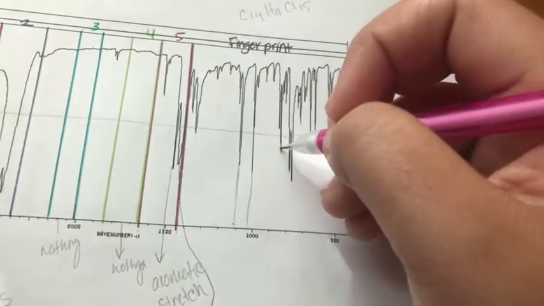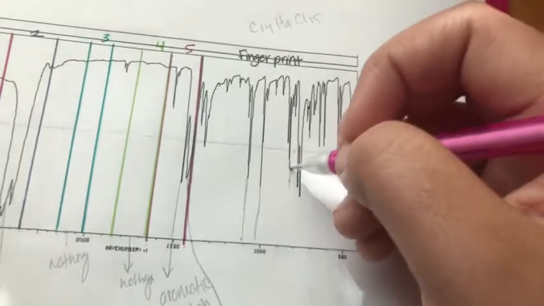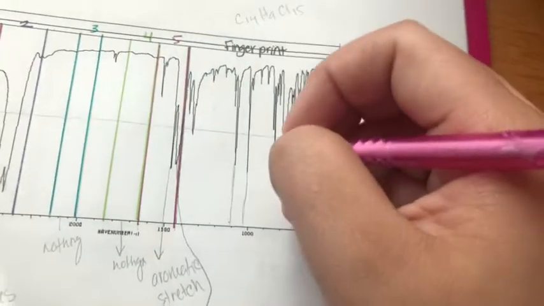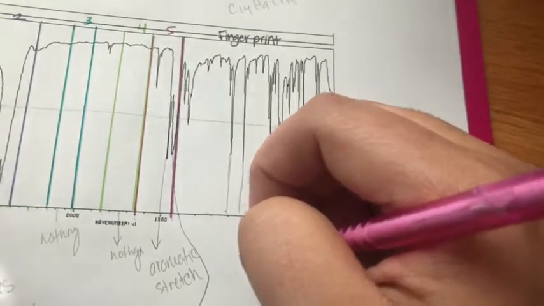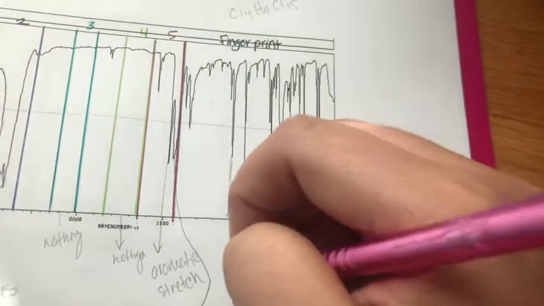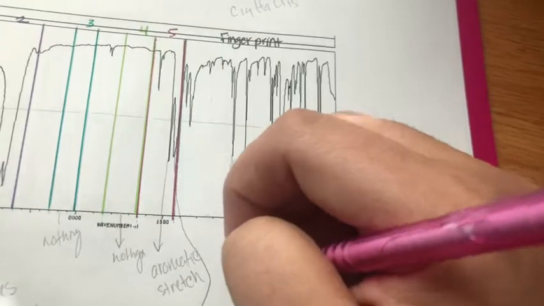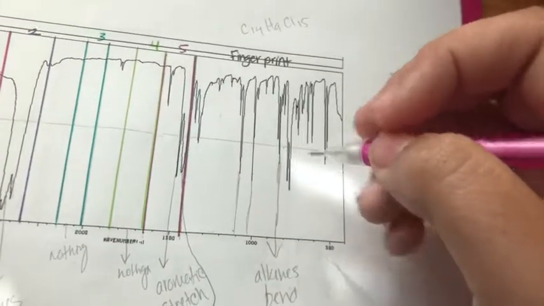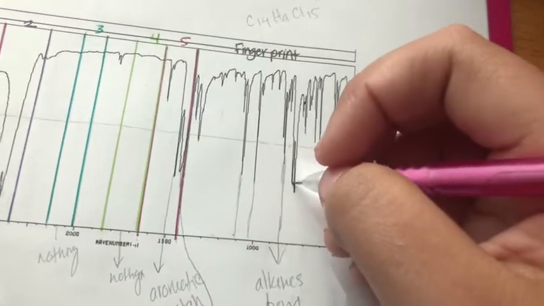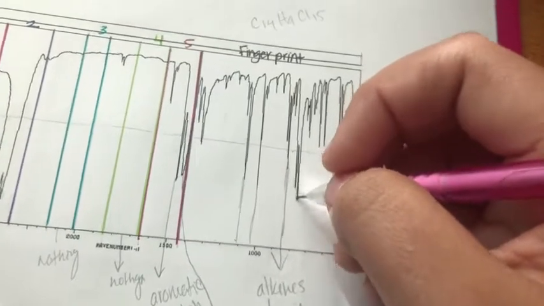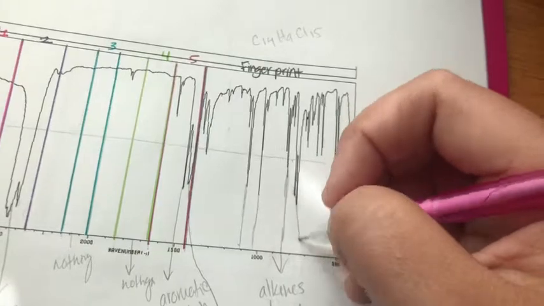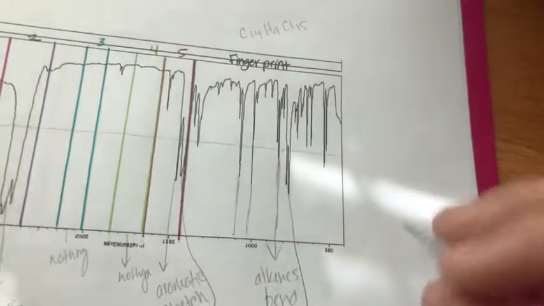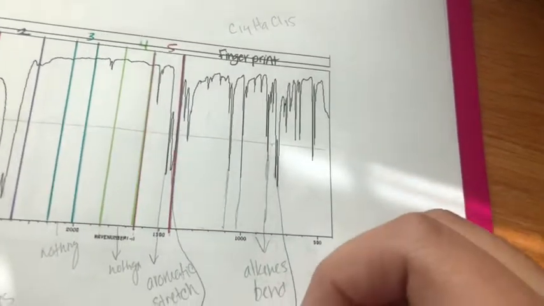And when we look right here, this is around 850. This is an alkene bend, which is just an indicator of alkenes. And right here, around 800 to 750, these are alkyl chloride stretches.